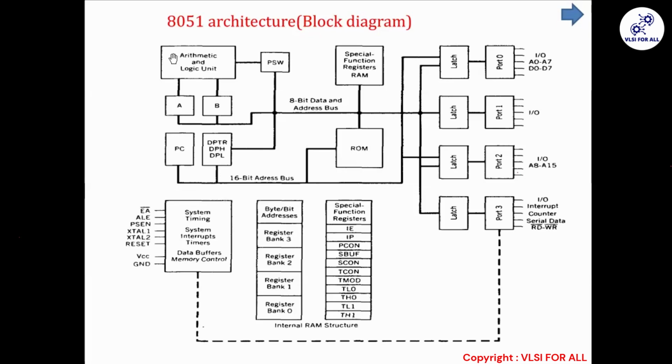Yes, ma'am. Okay. So in the architecture, this was our CPU, the part of CPU. I gave you one name, arithmetic and logic unit, called ALU. In conjunction with this ALU are register A and register B. This is the accumulator and this is the B register.